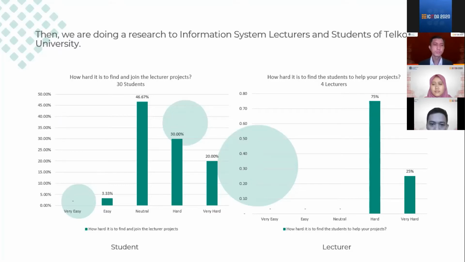We conducted this with 30 students. Then we asked the lecturers how hard it is to find students to help with their projects. 100% of them said it's hard, with 75% saying it's hard and 25% saying it's very hard.